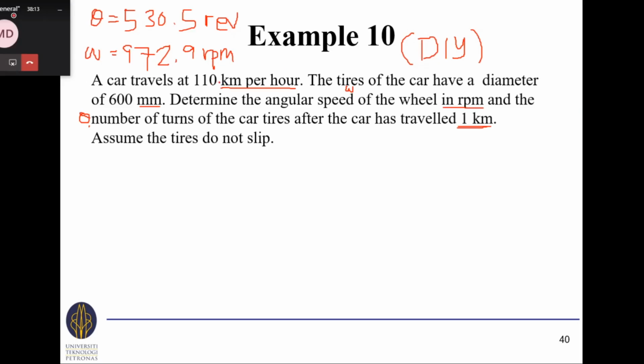When it is kilometer per hour, this is basically V. Velocity in kilometer per hour is not in SI unit, so change that to meter per second. That's the way to calculate it. And what equation can you use? To calculate omega, we have the equation V equals R omega. And to calculate theta, you can use the equation S equals R theta. So please use that, and I hope you can get the final answers right.